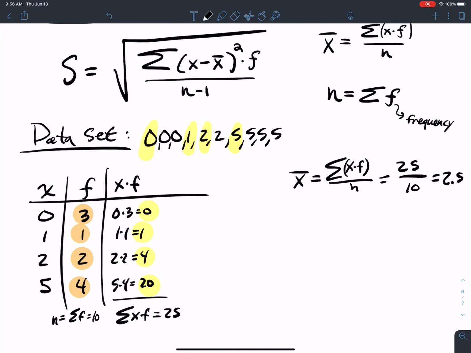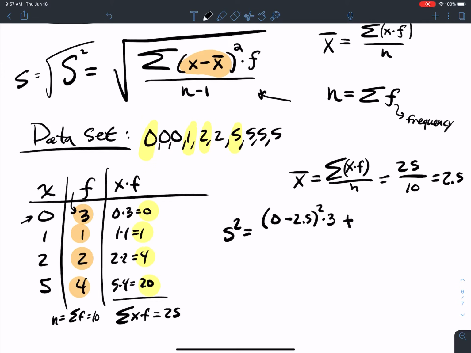Okay? So now we can run through our formula. Let's calculate s squared first, and then we'll take the square root to get s. The first value is 0. So I'm going to do 0 minus x bar, which is 2.5, square it, multiply by how many zeros there are. There's 3 zeros. The next one is a value of 1, so 1 minus 2.5 squared times how many there are.